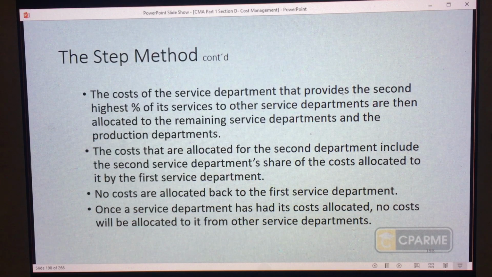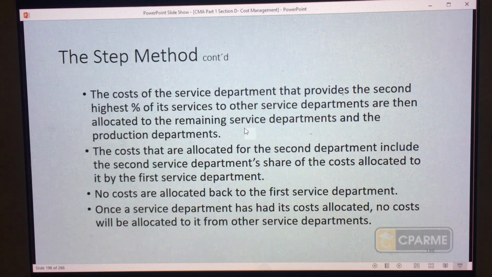Once you allocate it to the first service department, you should not charge it back. Once one service department has had its cost allocated, you don't return it to other service departments. So that's one of the differences from the direct method.